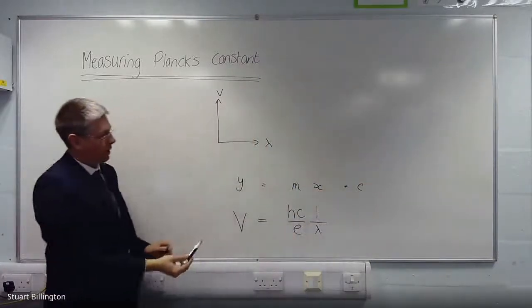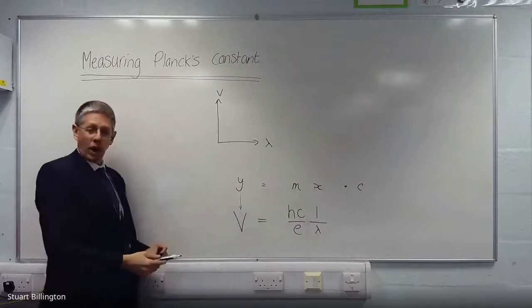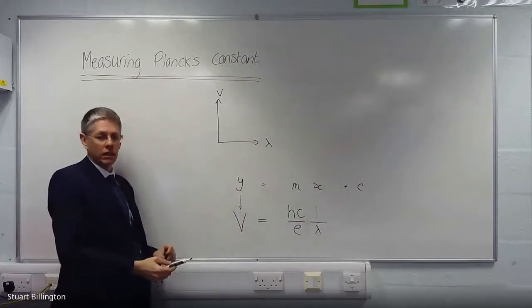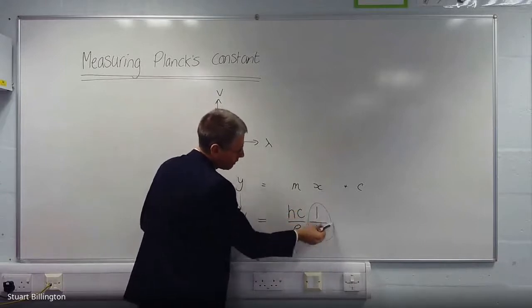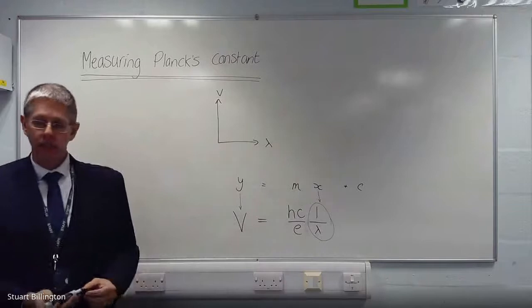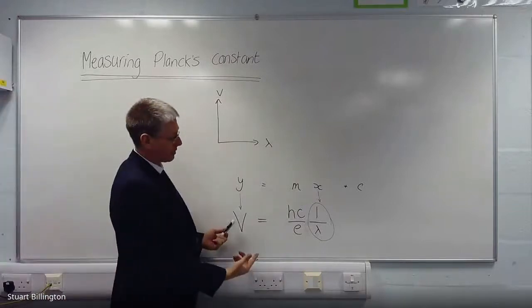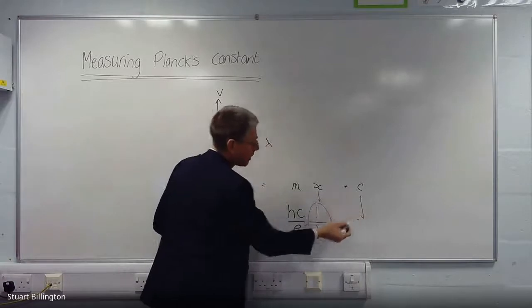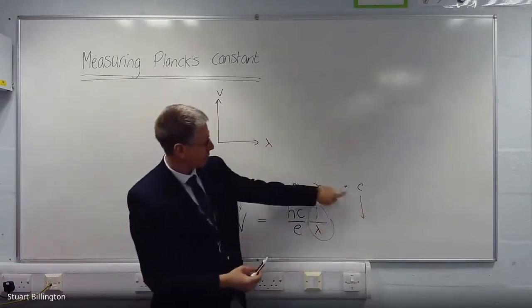But what we're going to do is, if we plot V on the y-axis, and not lambda, if we plot 1 over lambda on the x-axis, then the prediction is that we will get a straight line. Y equals mx plus c.